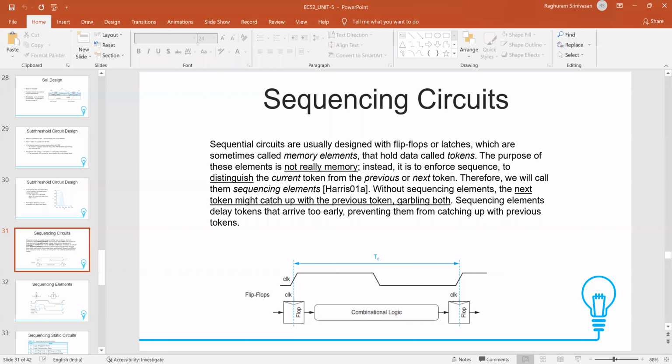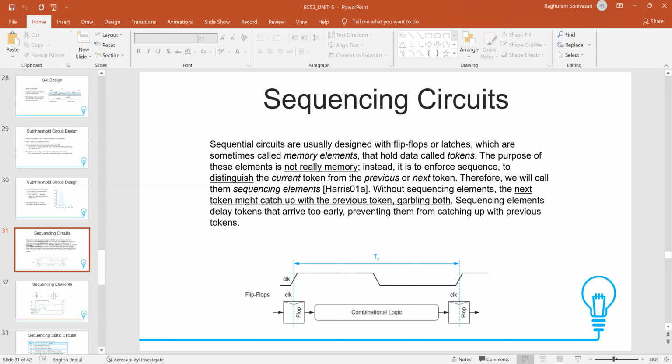And before and after it, the inputs of the block will not come directly from another block. The outputs of some other block will be given to a register, and this particular combinational logic will get its inputs from the register or latch, and the outputs also are given to another latch.